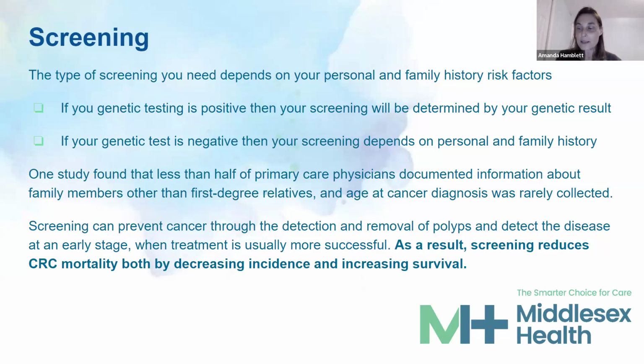It prevents the development of colorectal cancer by finding and removing those polyps that Kelly was talking about. If we find them and we remove them, they never get a chance to become colorectal cancer. And that allows us to decrease the chance of someone developing it and increase the chance of someone having a cure if they were to develop colorectal cancer by getting this screening done.